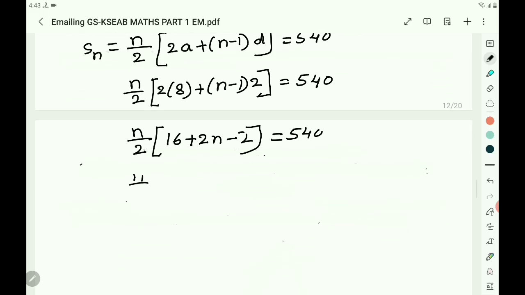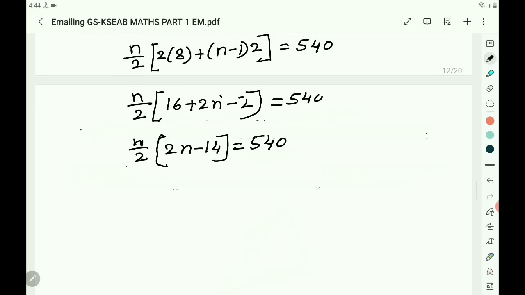Then n by 2, write 2n, 16 minus 2 is 14, equals 540. Then n by 2, take 2 common.